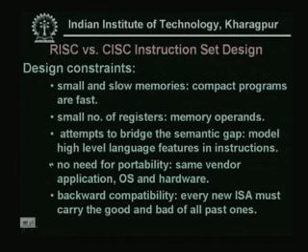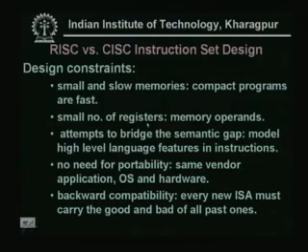Now, we consider the instruction set design, because we are mainly discussing the instruction set. What are the design constraints? Small and slow memories, compact programs, and they are fast, because if it is a small memory, then the maximum access is restricted by the size of the memory.